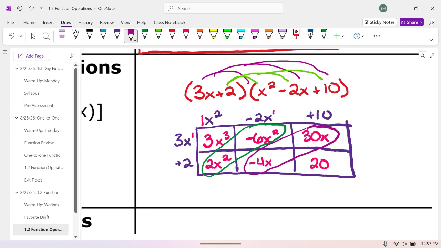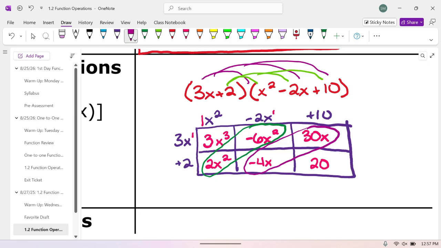So the x squareds are diagonals from each other, and the x's are diagonal from each other. The x cubed and the constant are by itself. All right. That's typically how it is for any box. There are exceptions to that rule, so don't quote me on that, but it's a good thing to check if it works.